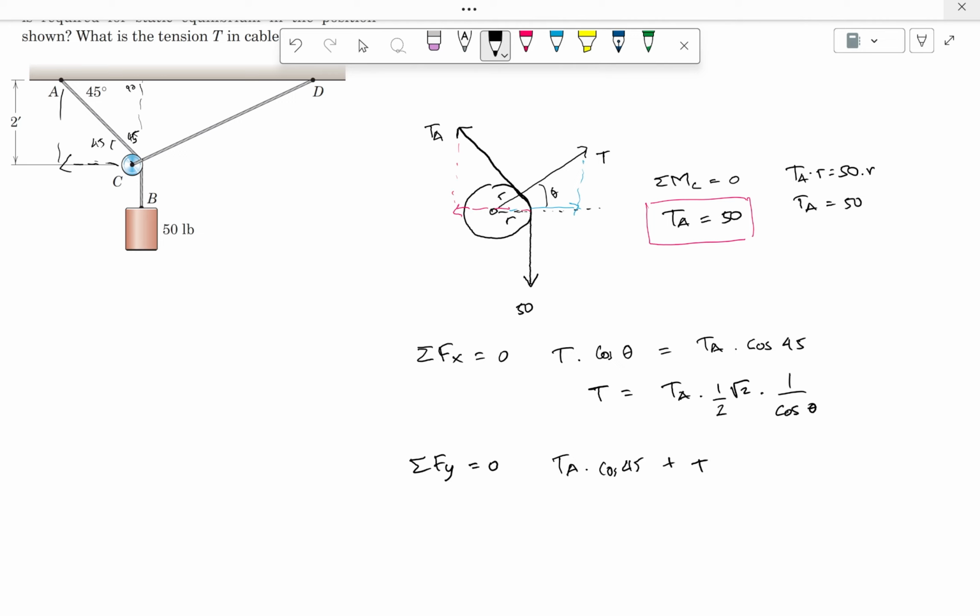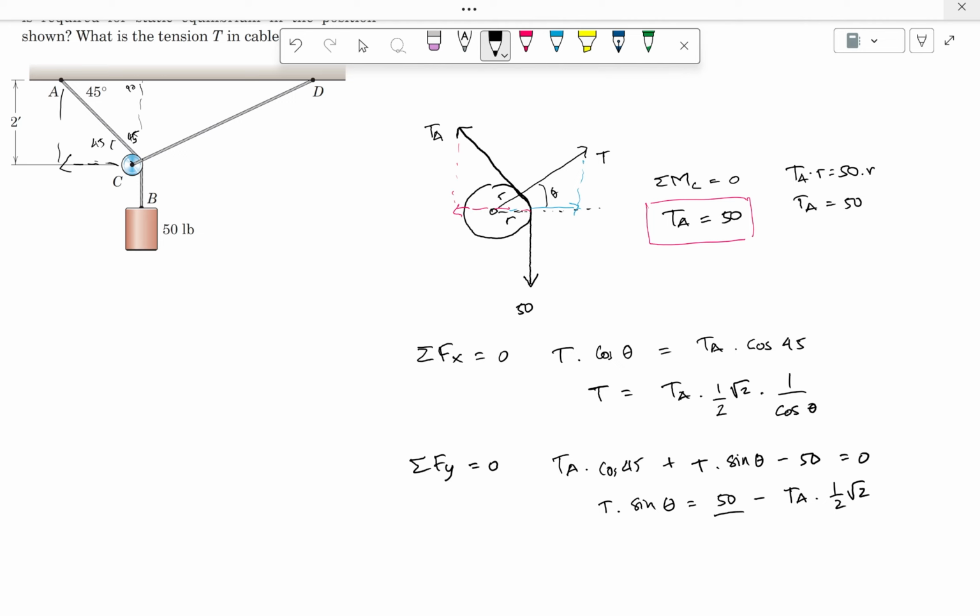If this is theta, that is T sine theta, which I don't know what theta is, and then minus 50 equals 0. And then T sine theta will be equal to 50 minus TA square root of 2 over 2. Am I right? Yes, I'm right.